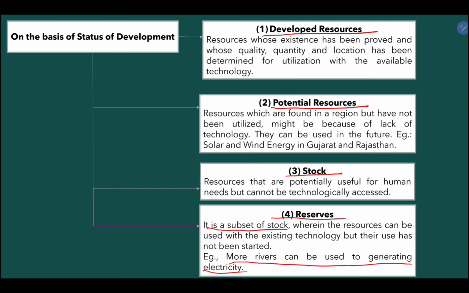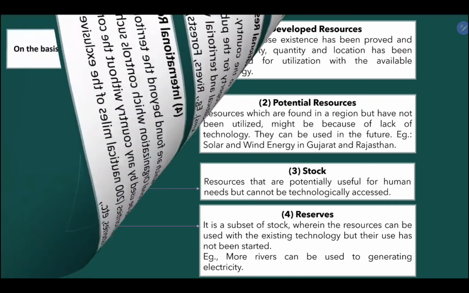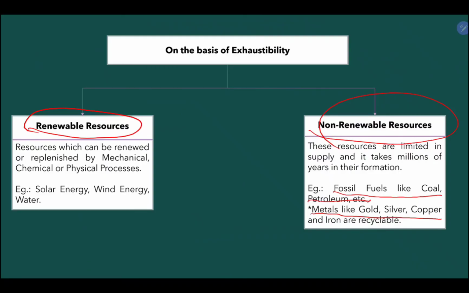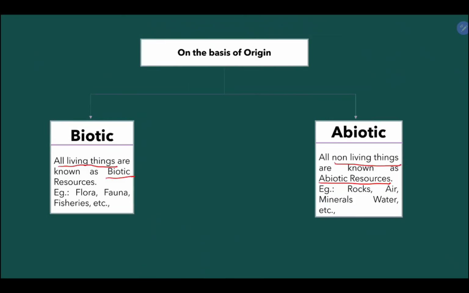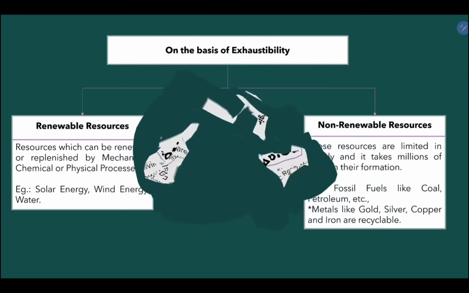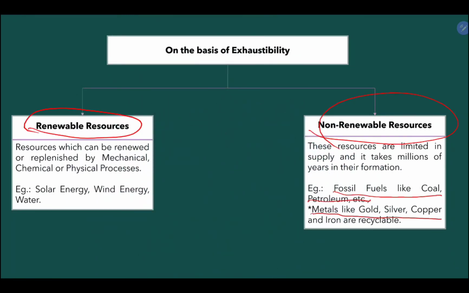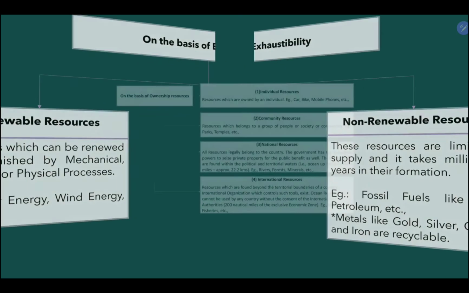If we talk about the classification of resources, on the basis of origin it is biotic and abiotic. On the basis of exhaustibility, it is renewable resources and non-renewable resources.